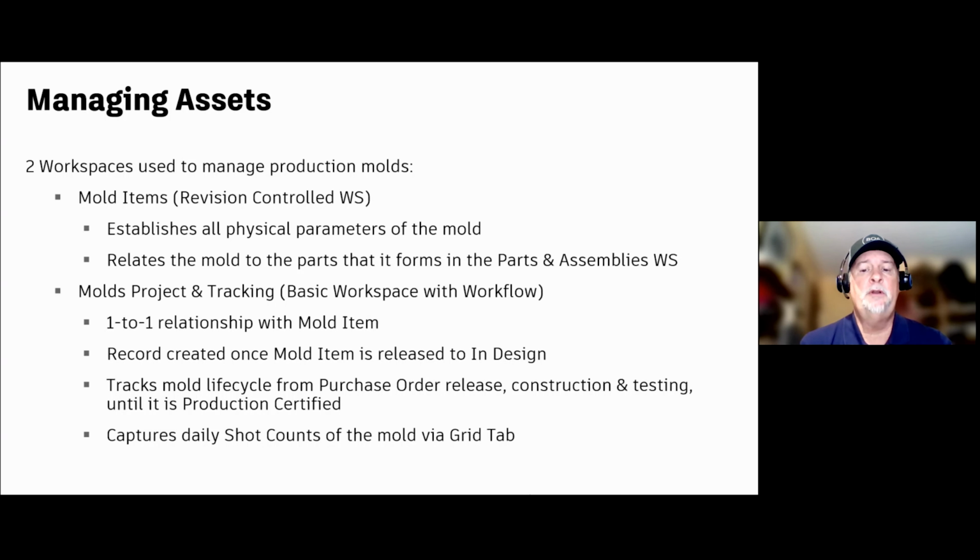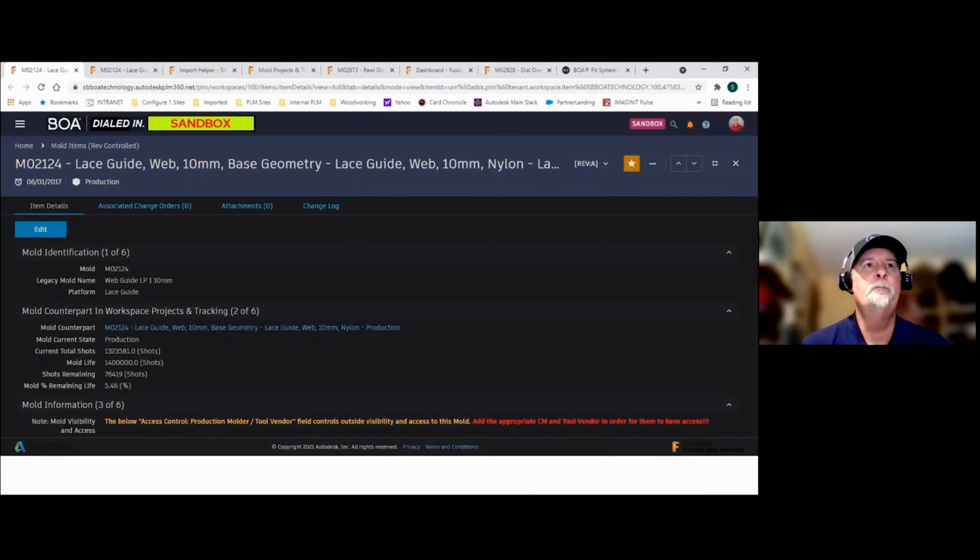It remains there in production until it is no longer capable of building parts to spec, at which time we scrap it. Scott, did you want to show some of those workspaces now?